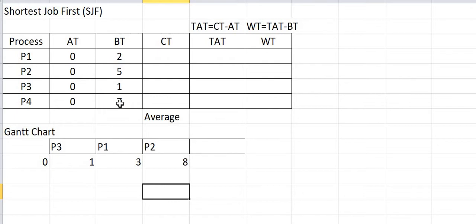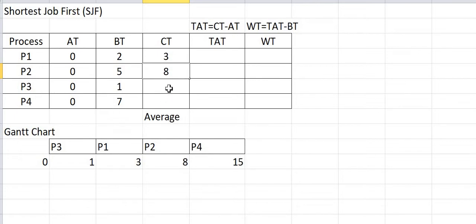Now finally we have the process with the highest burst time. So it is P4. It takes 7 milliseconds. So totally it is 15. Now if we calculate the completion time of the processes, P1 has completed by 3 milliseconds. P2 has completed by 8 milliseconds.